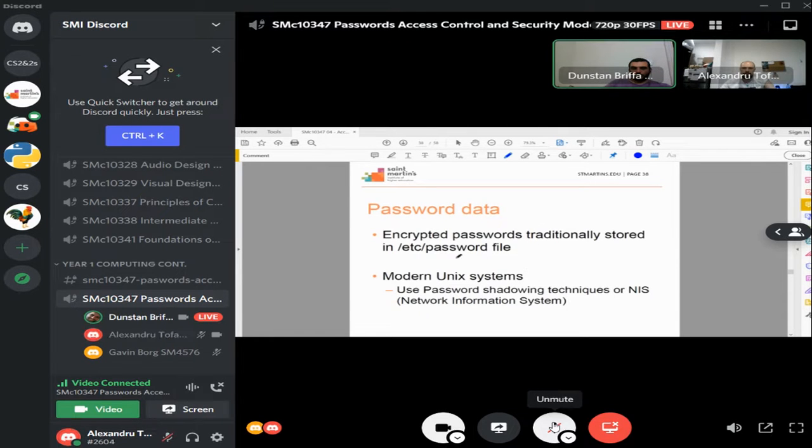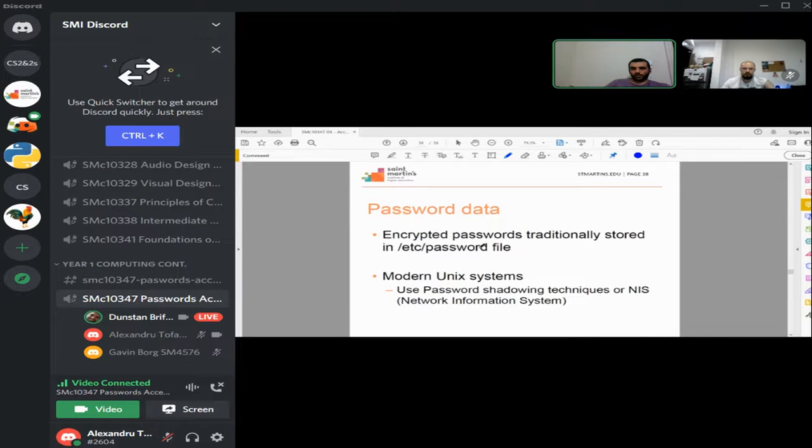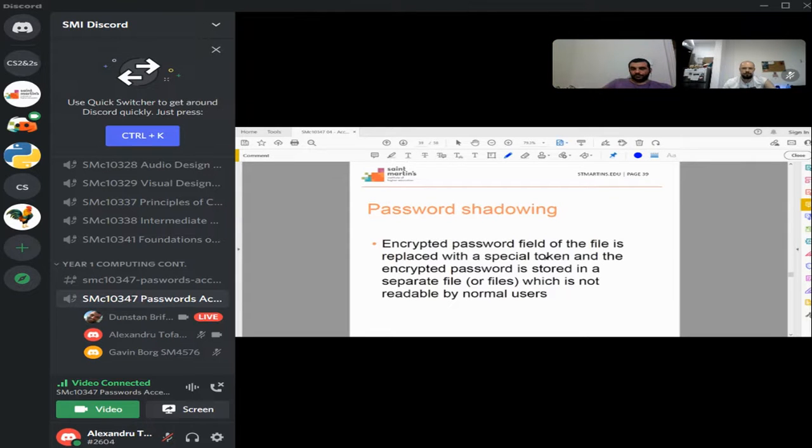The traditional storage of the password file was this /etc/passwd file, right? So that was where it was found. However, it isn't at all straightforward. Unix likes to use this idea of password shadowing, not only with the passwords, but even with other things.